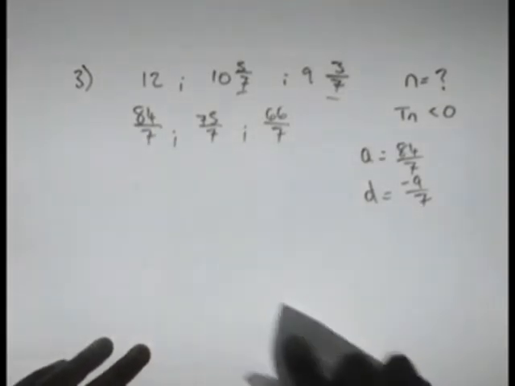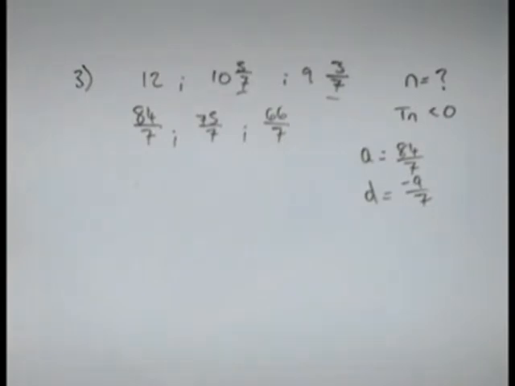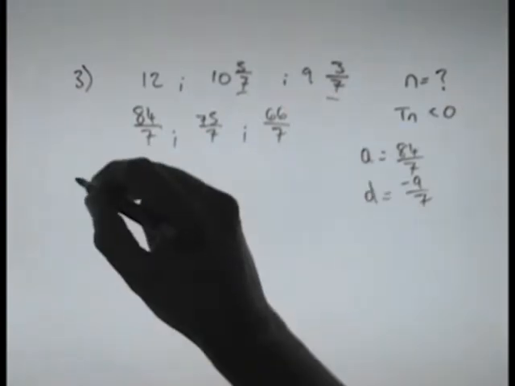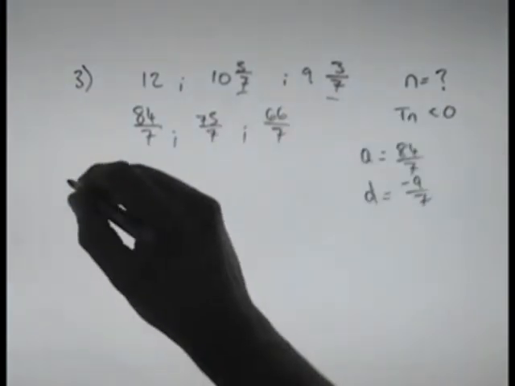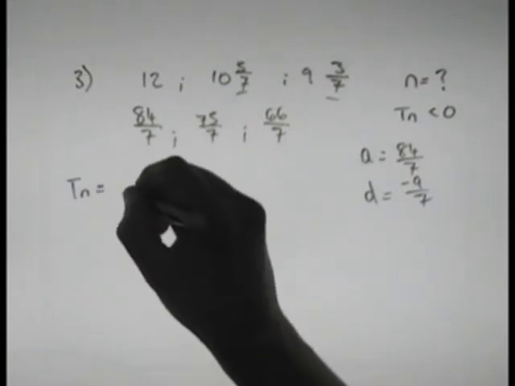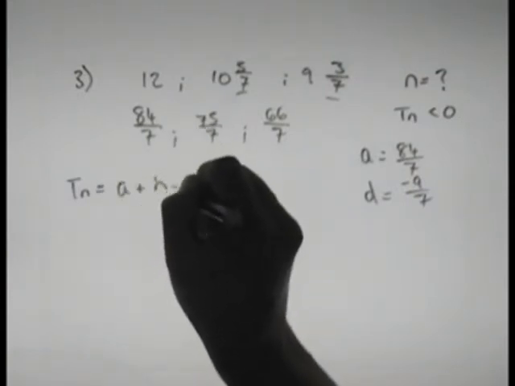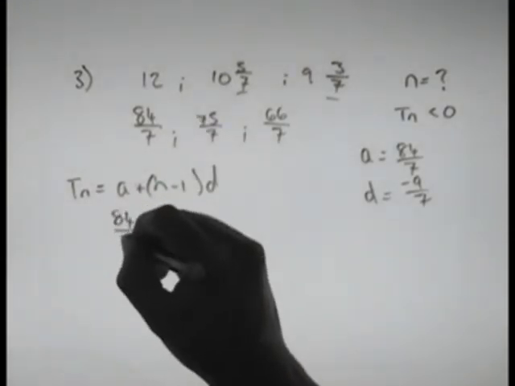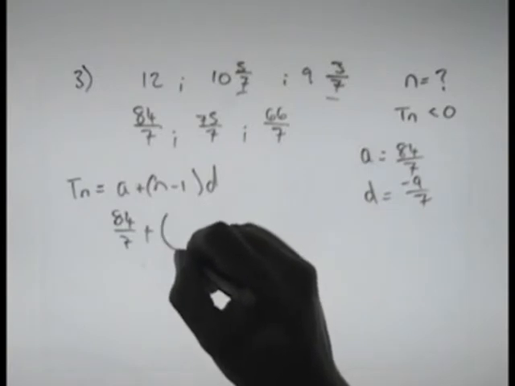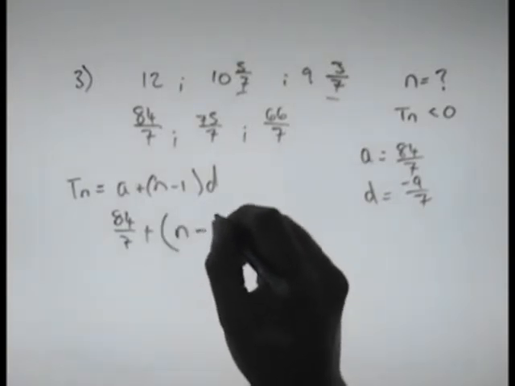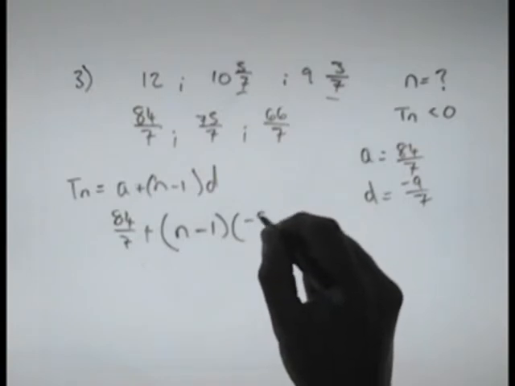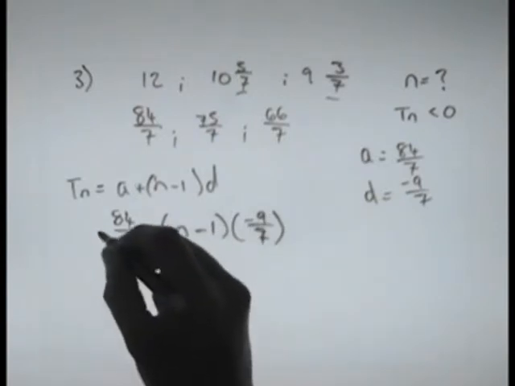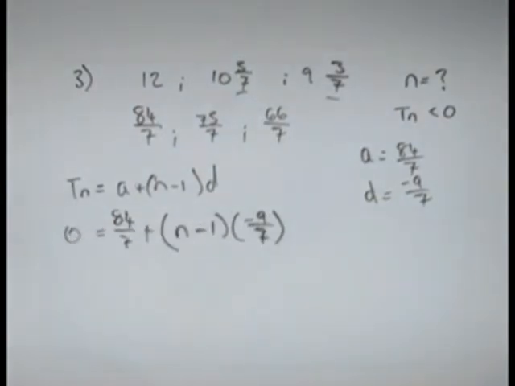I'm looking for when the n value, when Tn is less than 0. Let's start by looking for the n value when Tn is equal to 0. Now remember that Tn is given by a plus n minus 1 times the difference, which in this case would be 84 over 7 plus n, which we don't know, minus 1 times the common difference of negative 9 over 7, but we are looking for when that is equal to 0.